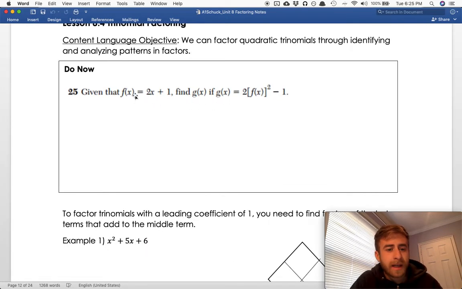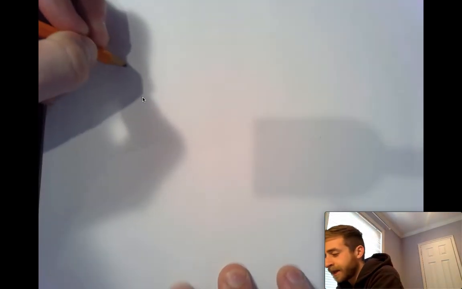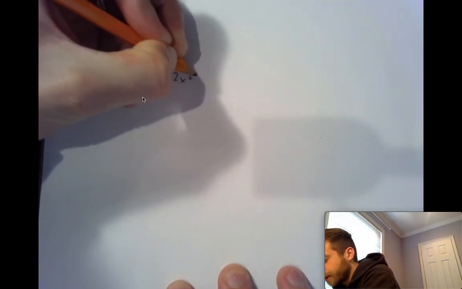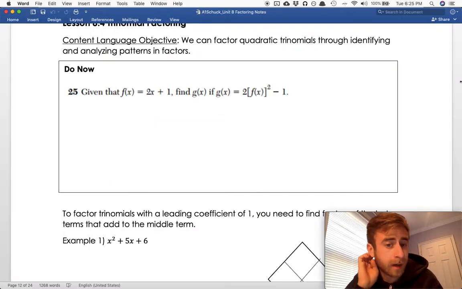So given that f of x is 2x plus 1, I'm going to go here and say f of x equals 2x plus 1. And then we're going to come back over here.